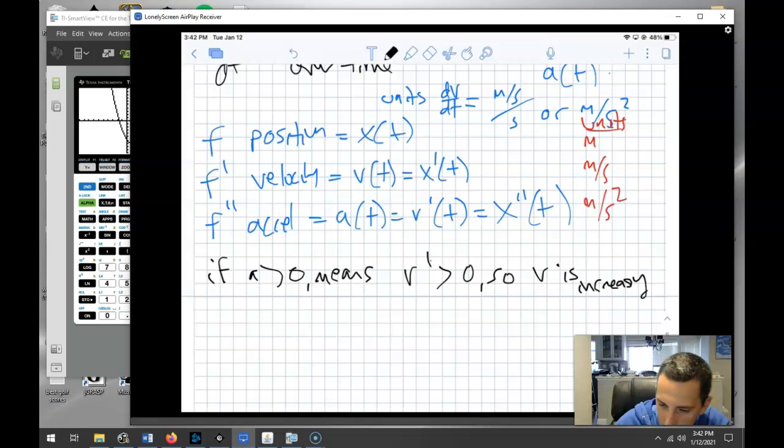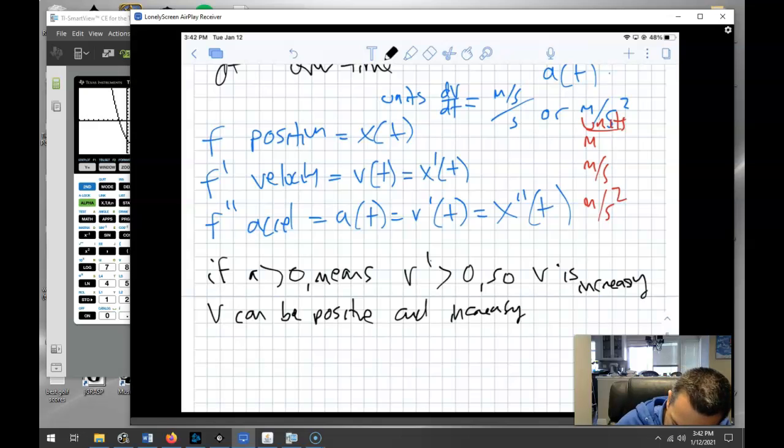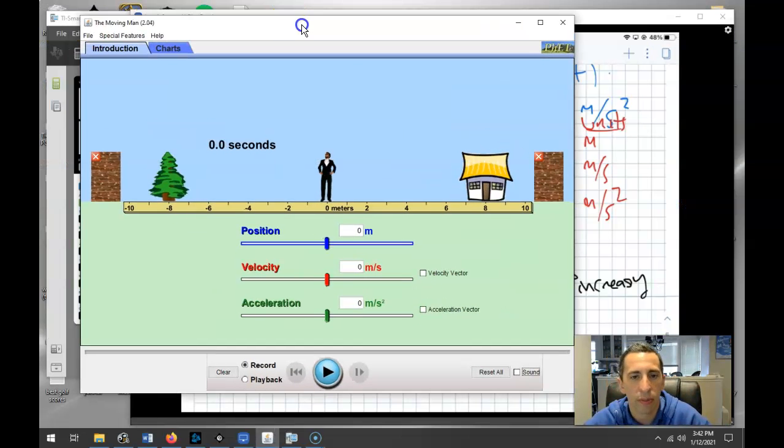The signs could be different, like v can be positive and increasing. What that would look like is your velocity is bigger than 0 and your acceleration is bigger than 0. Let me show you a little picture here.